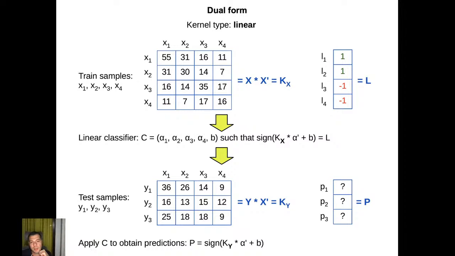The first idea that comes to mind is to compute the pairwise similarity between test samples. So you just compute y times y transpose.